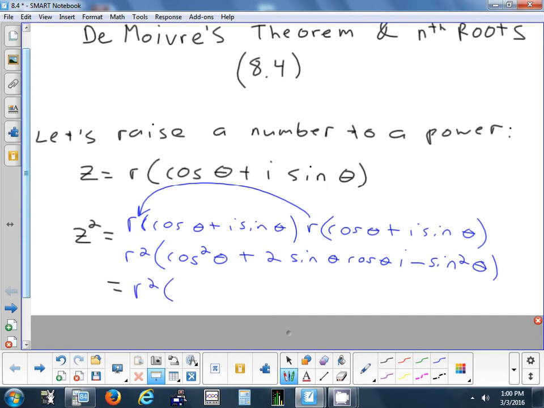So I've got r squared. I'm going to make it cosine squared minus sine squared, which is not the same as cosine squared plus sine squared. That's a different identity. Cosine squared minus sine squared plus 2 sine cosine. You know what? I'm going to put the i right there. It doesn't really matter where we put it, but when we simplify this all, that's where it's going to be. It's going to be in front of this 2 sine cosine.